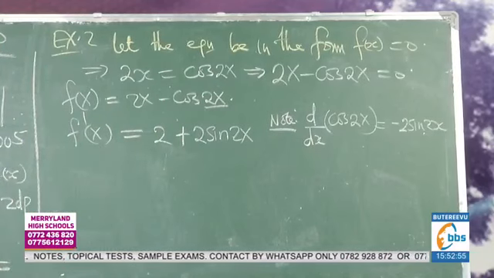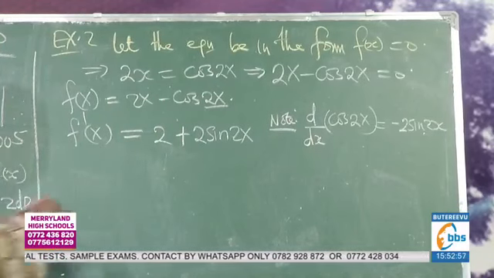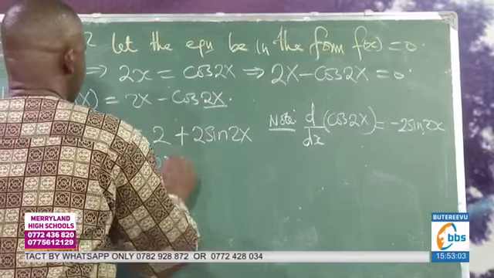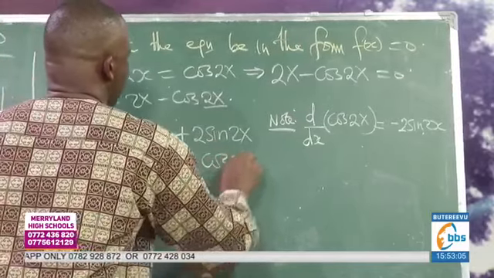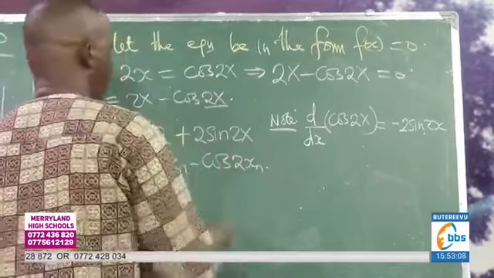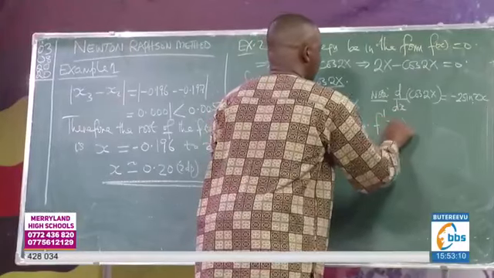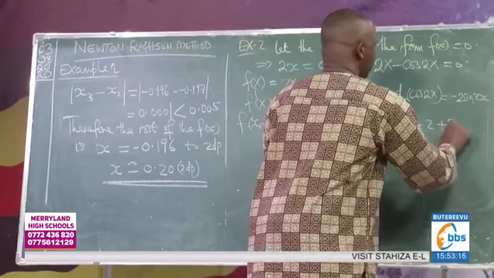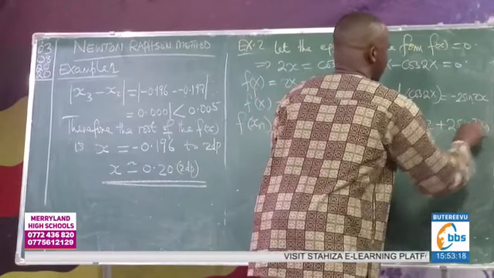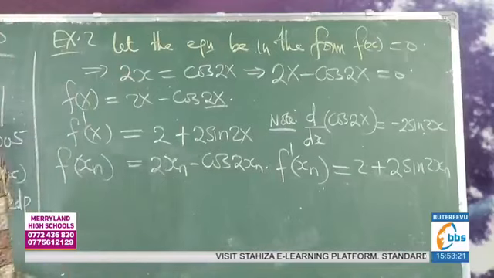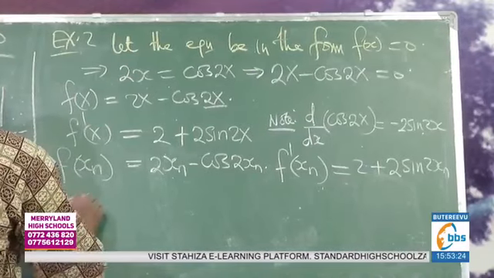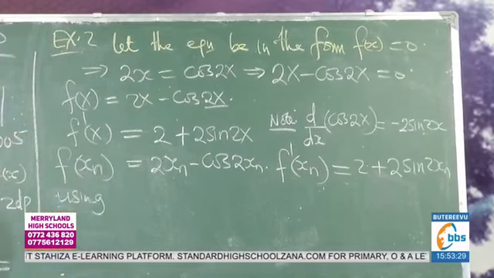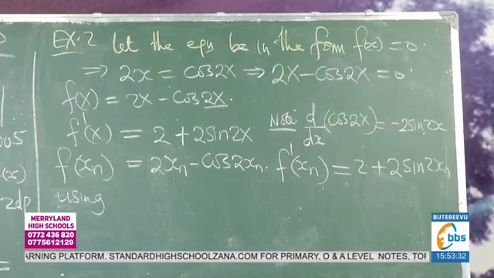And now if we state the formula, we shall first of all write our f of xn is going to be 2xn minus the cos of 2xn. And our first derivative expressed in terms of the first approximation will be 2 plus 2 sine of 2xn. If I substitute in our xn, we must first get the expression for xn plus 1 for us to be able to do this number.